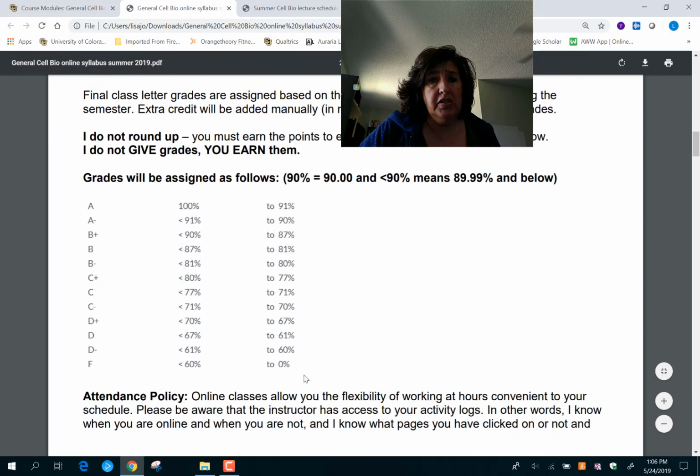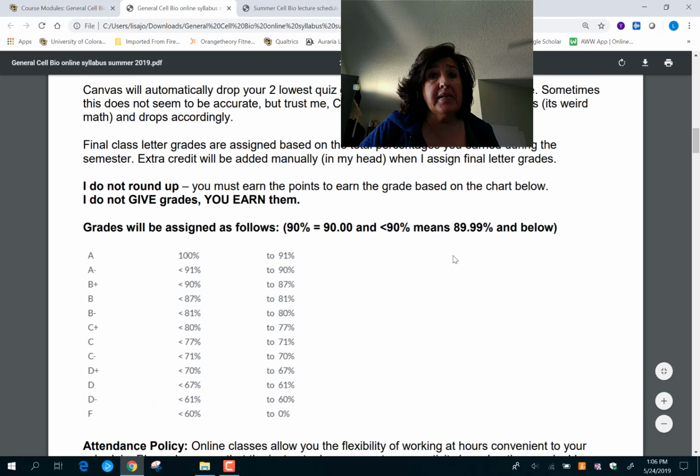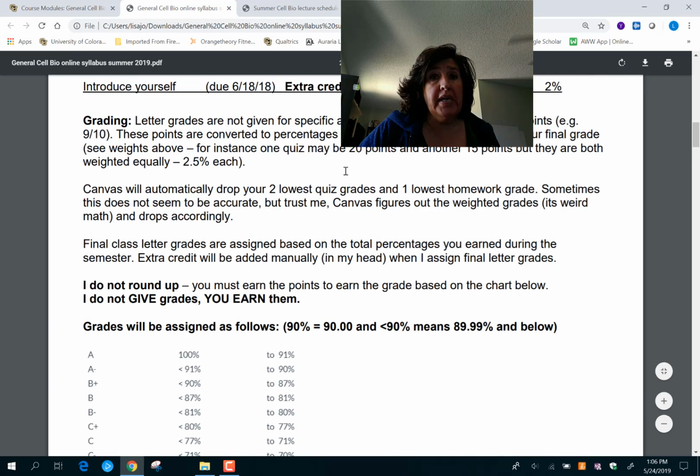These are the percentages for final letter grades. I don't round up. If you have an 89.99, that's a B+. Part of this is because I am giving you 2% extra credit onto your final grade just for introducing yourself.